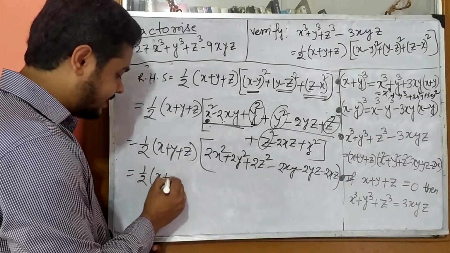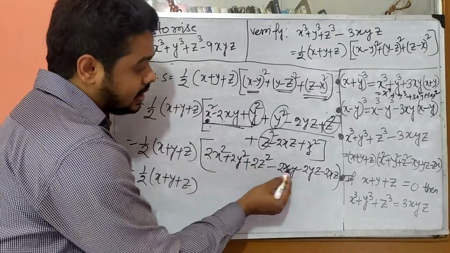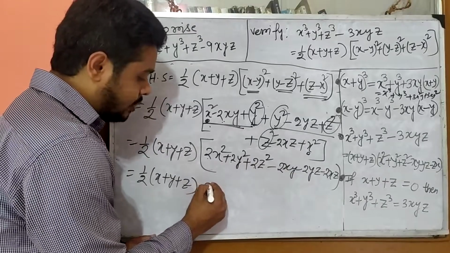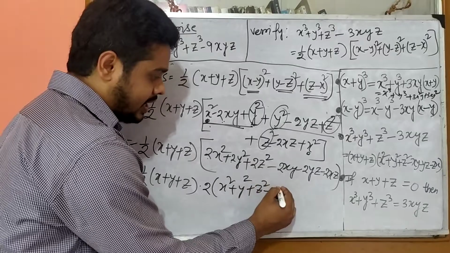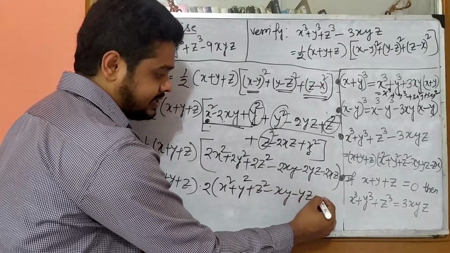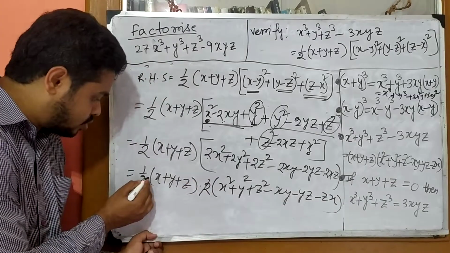Now half of x plus y plus z. Clearly you can see 2 is a common term. So we can take 2 as common. That means x square plus y square plus z square minus xy minus yz minus zx, or xz. Now these two cancel.